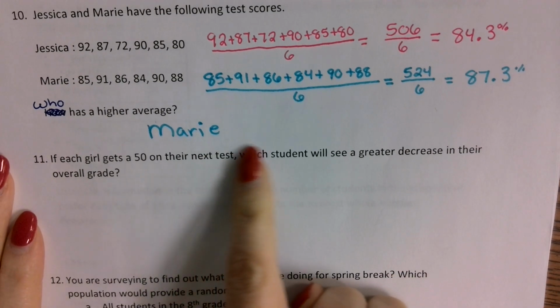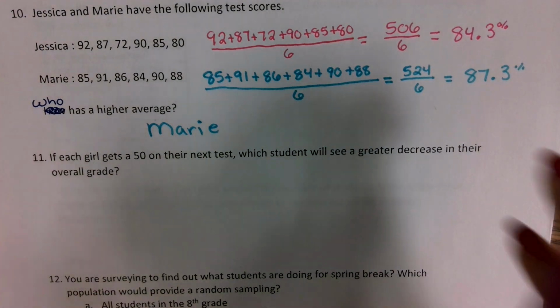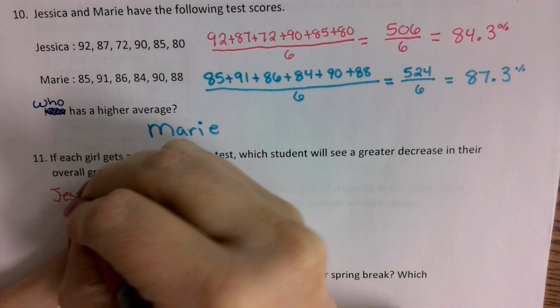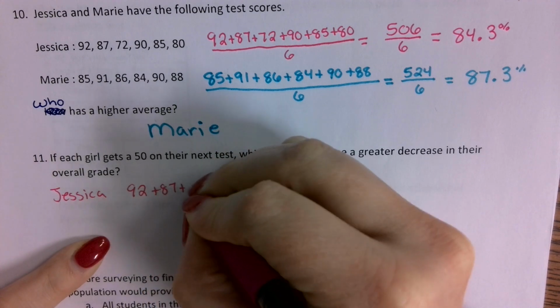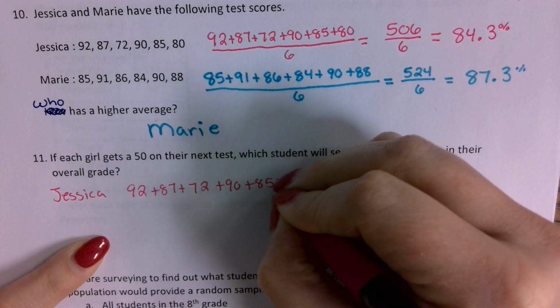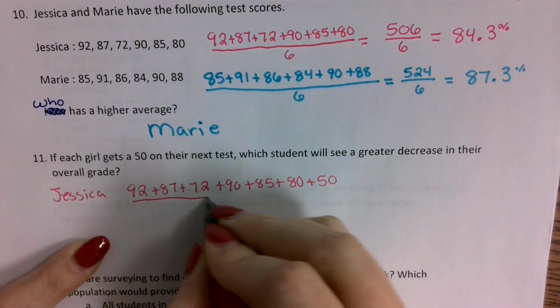Let me show you exactly what it's going to look like if you add the 50, so that you can see what I mean when I tell you that it's going to have a bigger change for Jessica than it does for Marie. So if you're taking a look at Jessica, her scores were originally a 92, an 87, a 72, a 90, an 85, and an 80, and now she's going to get a new test score of a 50.